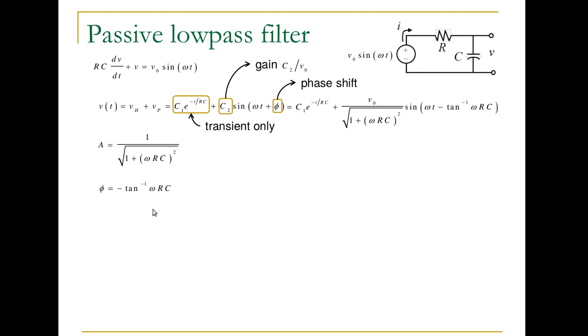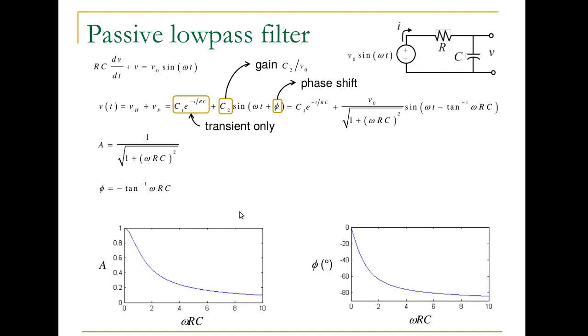Here is the gain and phase shift. These plots show the gain and phase shift, and these are a little bit different in form than the plots we saw earlier, since these are not plotted in terms of a frequency ratio, but rather in the product of omega times RC. For this passive filter, we had the same cutoff frequency as for the active RC filter we looked at earlier.